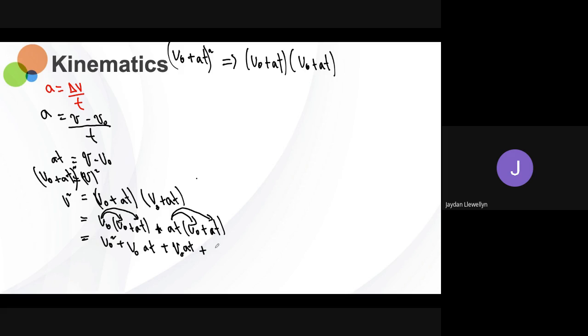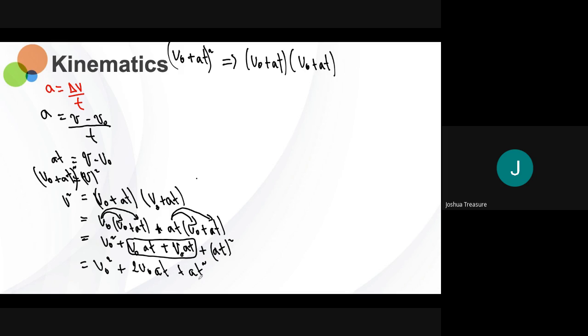AT squared. All right. And we could put these two together, right? Yes, sir. These two are the same. So we'll have V0 squared plus 2V0 AT plus AT squared.